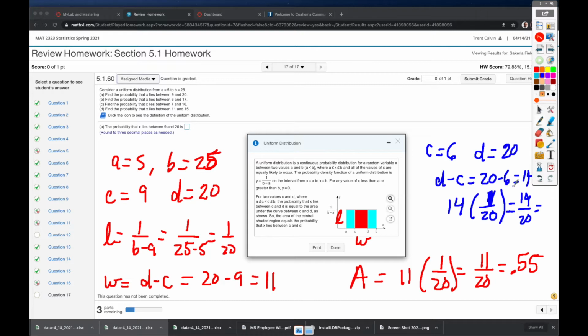Put that in the calculator to get your percentage. 14 out of 20 gives me 70%, or 0.7. And that's my probability, 0.7. You just continue on down.